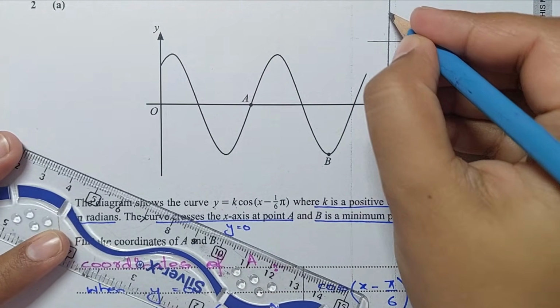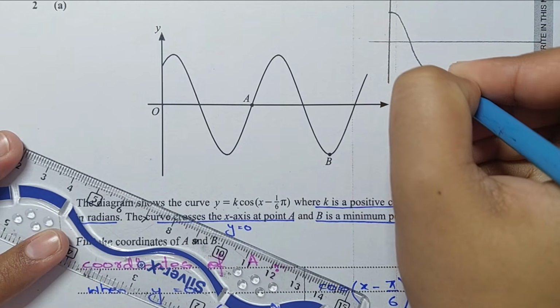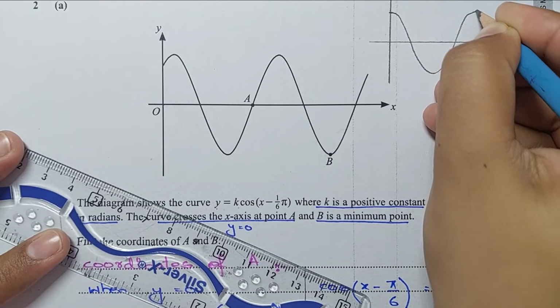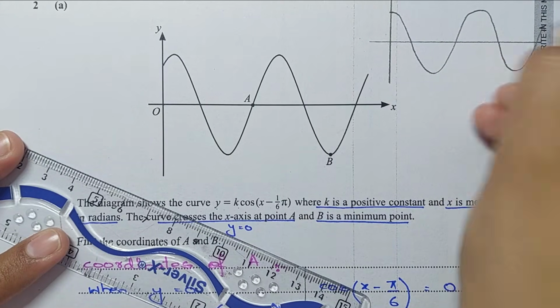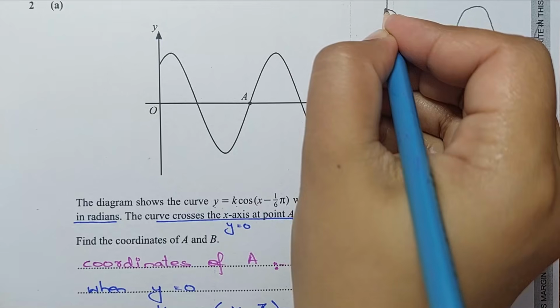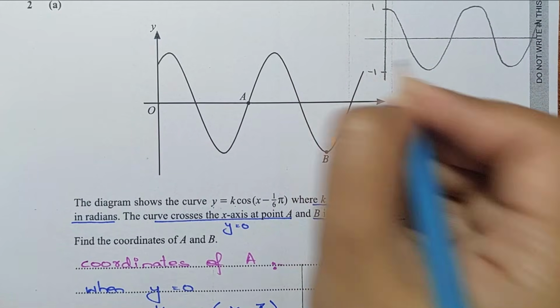It starts from the maximum, which is 1, then 0, then minimum. I am also completing the two curves. The cos maximum point is 1 and its minimum point is negative 1.